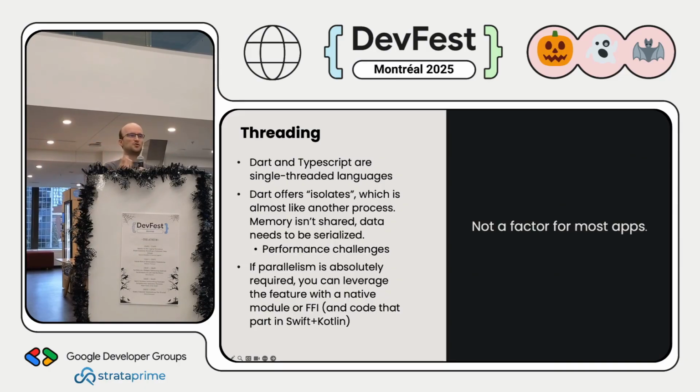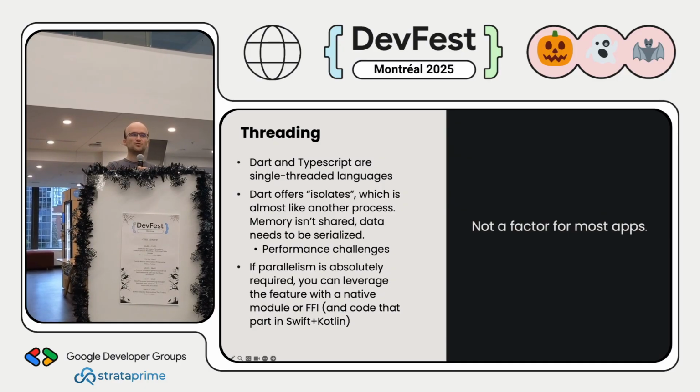So there's no shared memory between those languages. You can still do asynchronous code. That's not an issue. But if you want to do pure parallelism or spin out multiple threads to do heavy processing, you'll face bigger challenges. You won't be blocked, you can still do it, but you'll face more challenges.